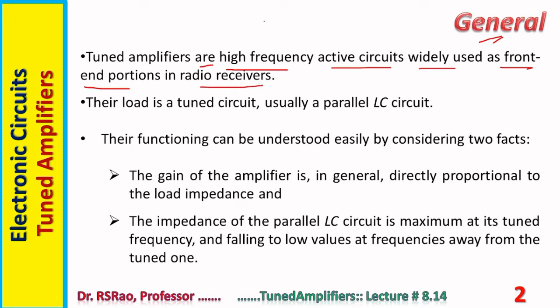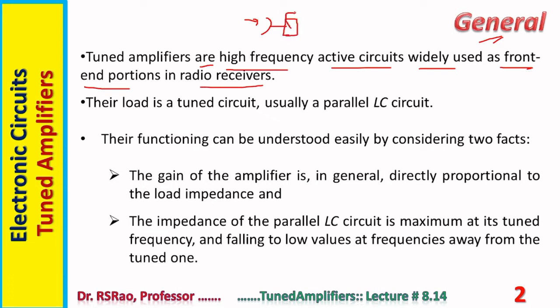A radio receiver usually consists of a receiving antenna. The receiving antenna collects the signal from space, and it gives this signal to the receiver circuit through a multi-stage amplifier.